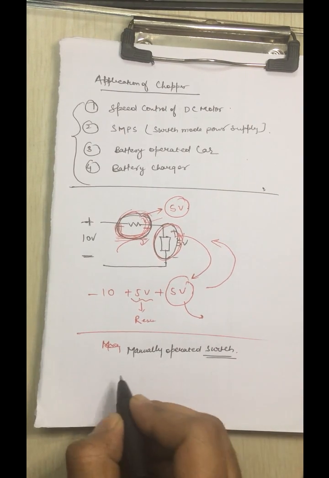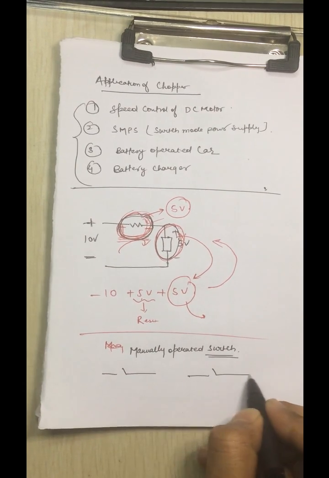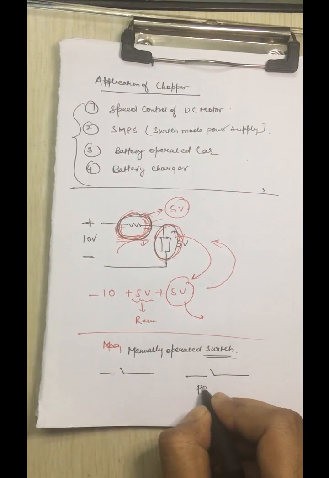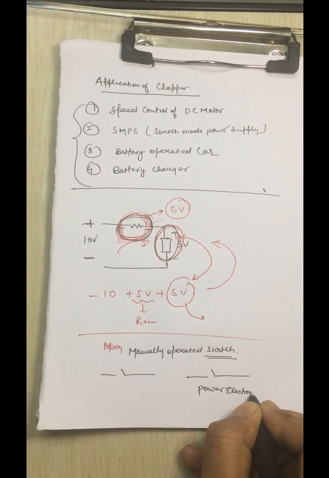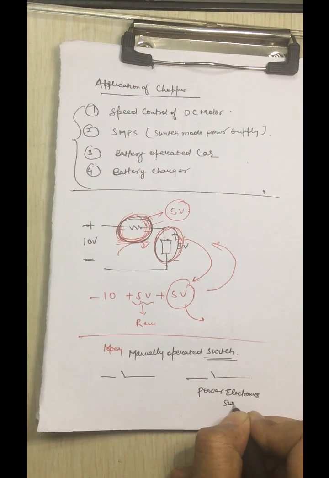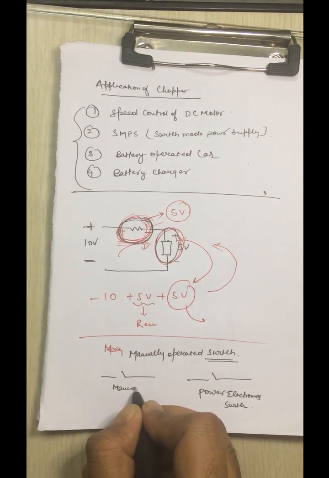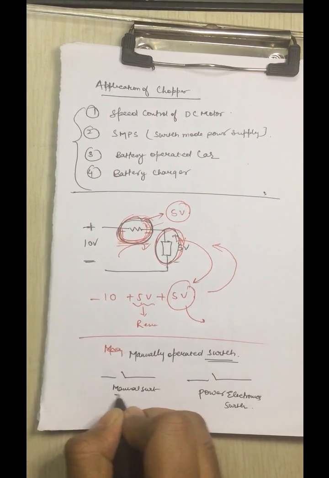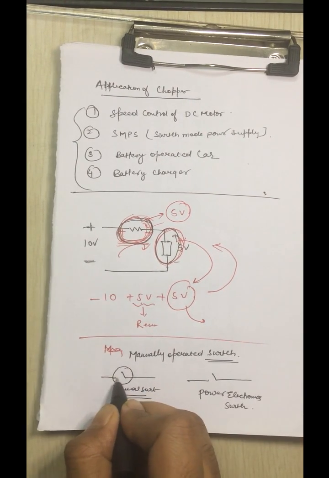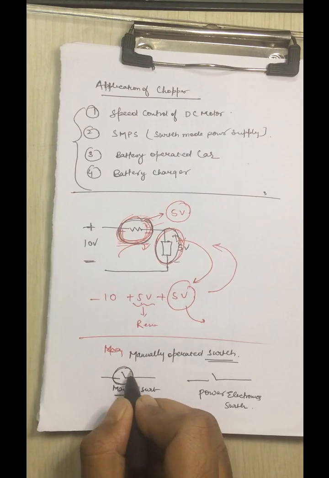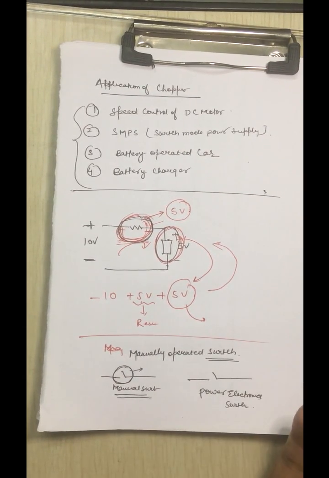What does it mean? Suppose that this is a power electronic switch and this is a manual switch. In 1 second, you can turn 1 time, 2 times, 3 times or 4 times.